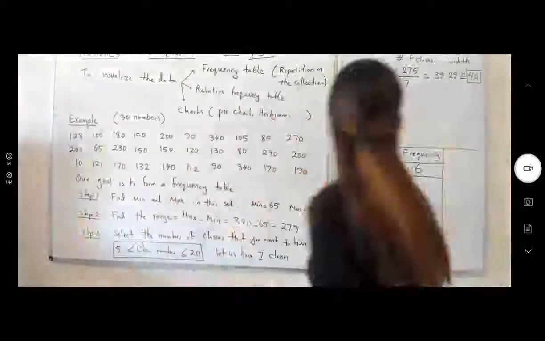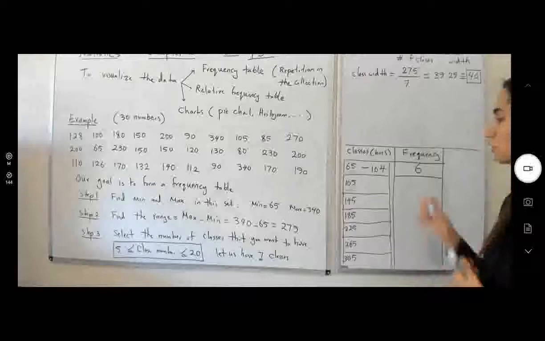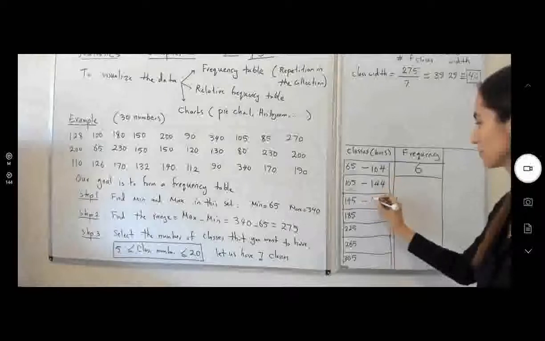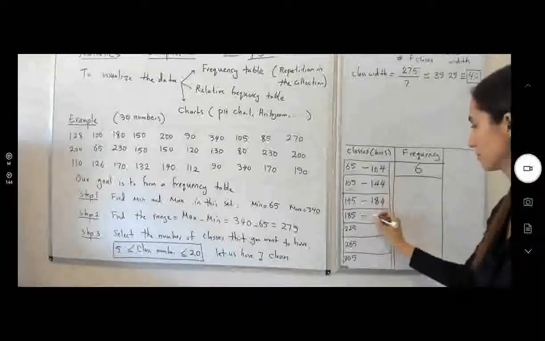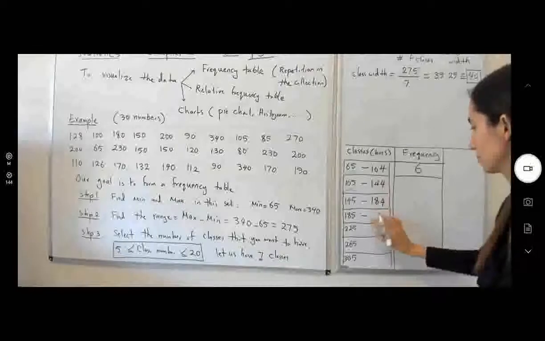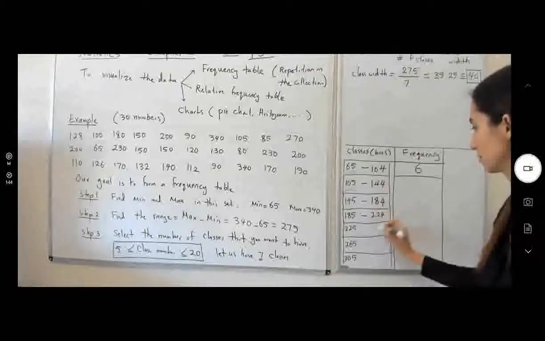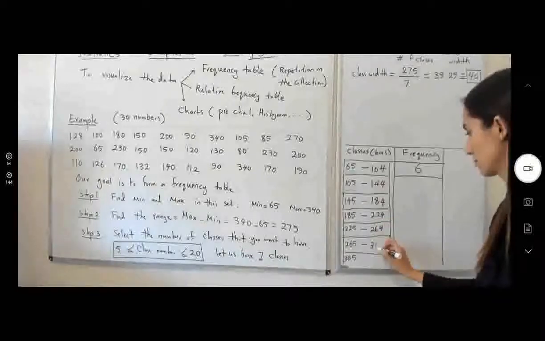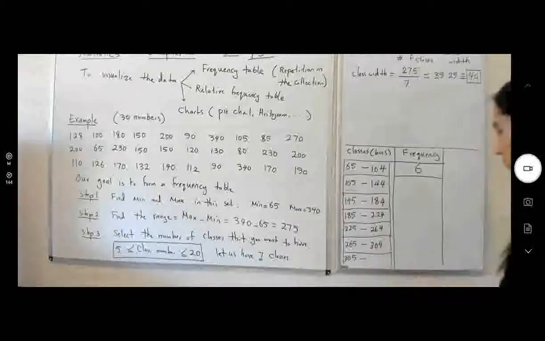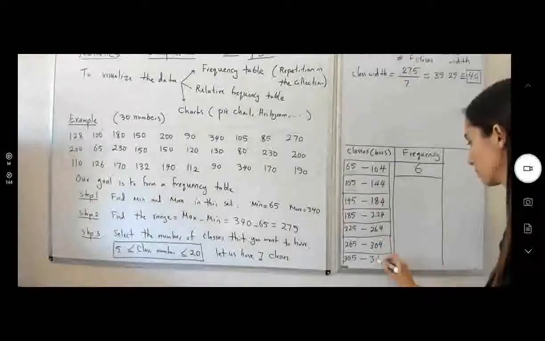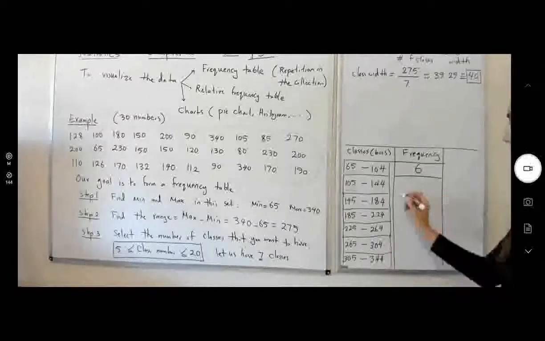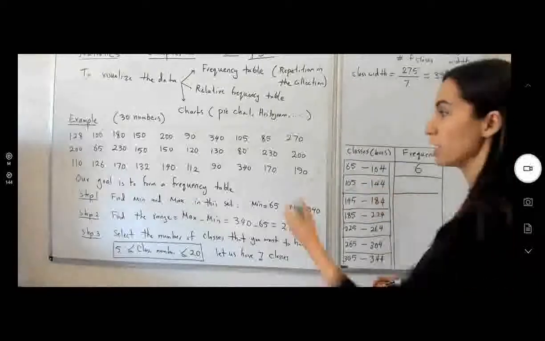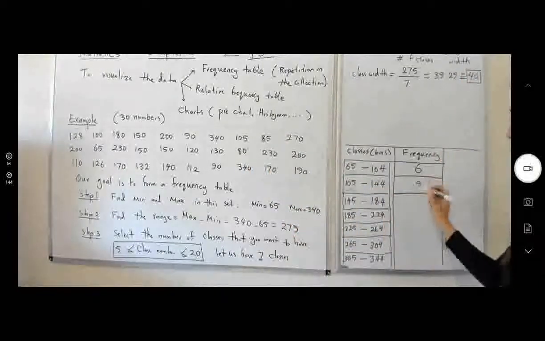Very well, we can continue this process and find all frequencies for the rest of these classes. For my second class, how many numbers are between 105 and 144? If you count these numbers, you're going to have 9 of them.